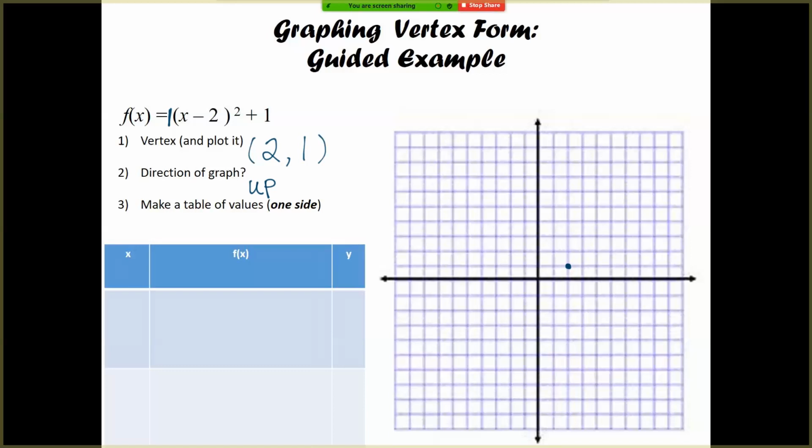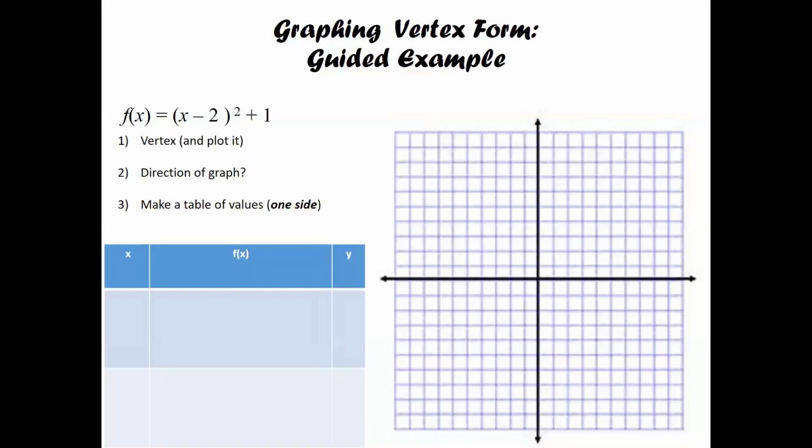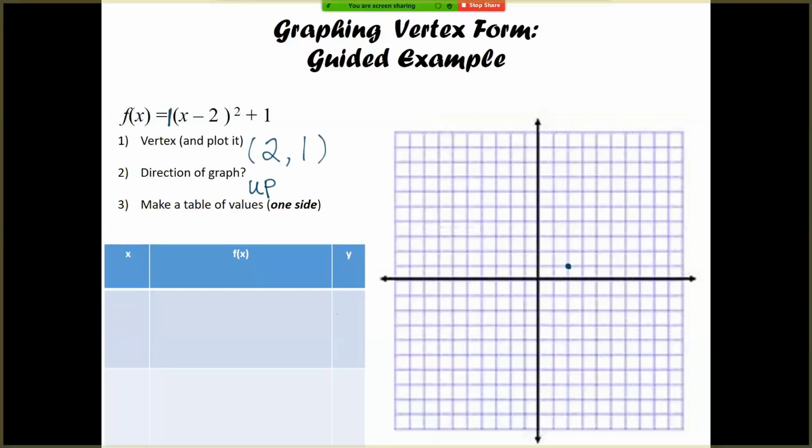So next we're going to make a table of values. Remember, since we have this first point, we're going to make a table of values either looking at the x values to the left of the vertex or to the right.